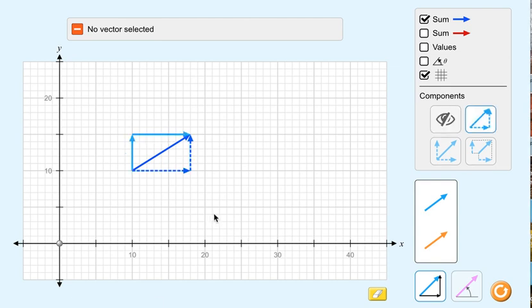In a similar way, I could draw it like this, and you can see that what we've done is we've made a parallelogram. We've got these two lines here which are parallel to each other, we've got these two lines here which are parallel to each other, and then this is our resultant, which is going from the base of those arrows to where the tips of those arrows meet there. And that gives us exactly the same result as before, but we'd call this the parallelogram method.